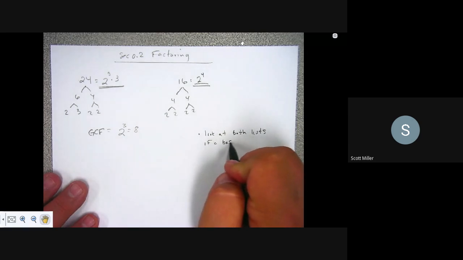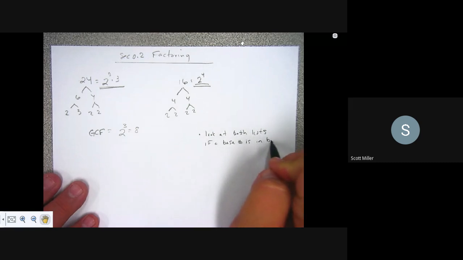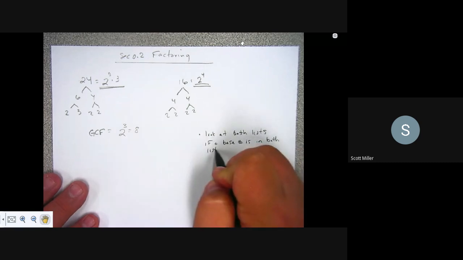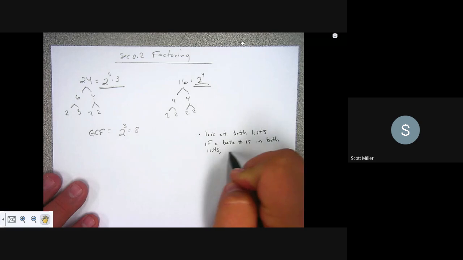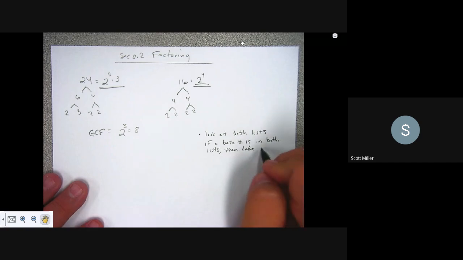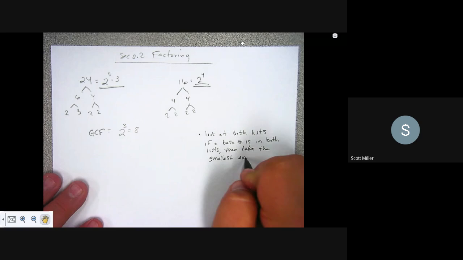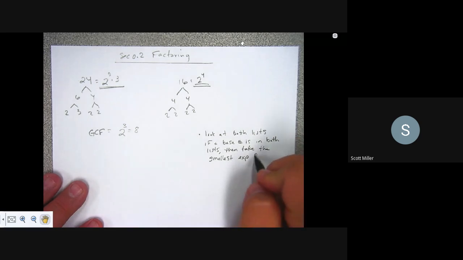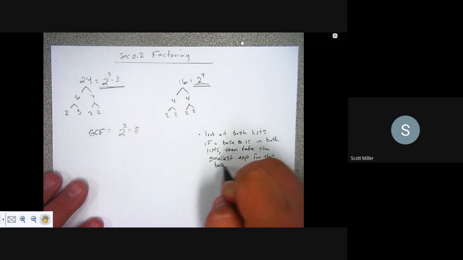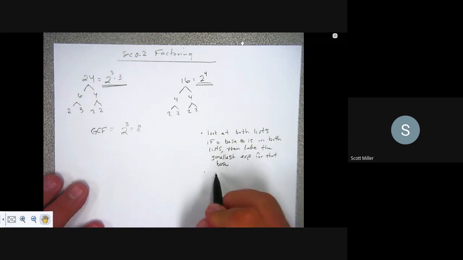If a base number is in both lists, then take the smallest exponent for that base. Then multiply for your GCF.